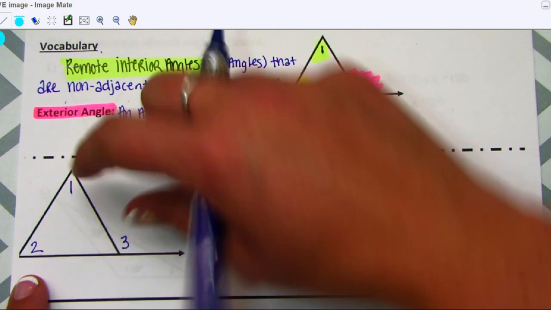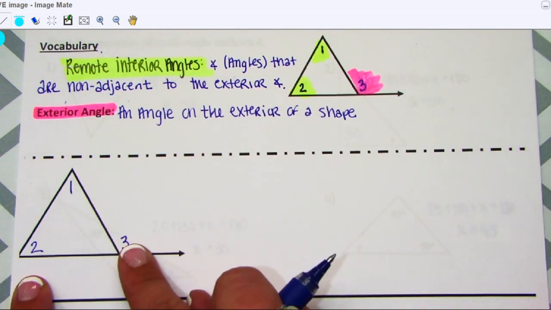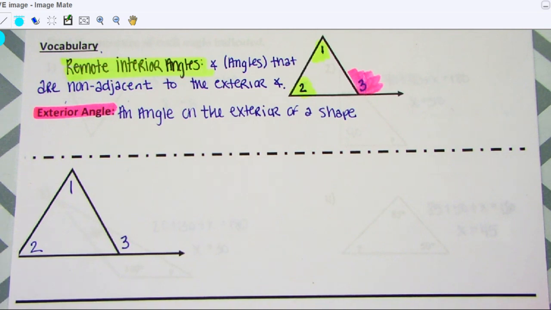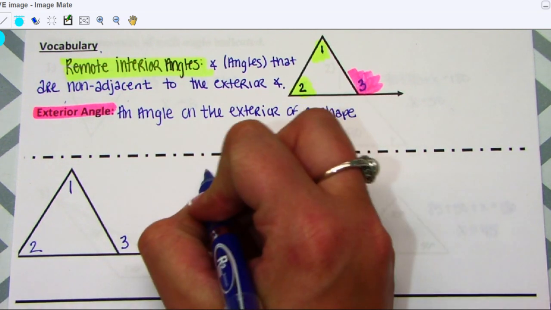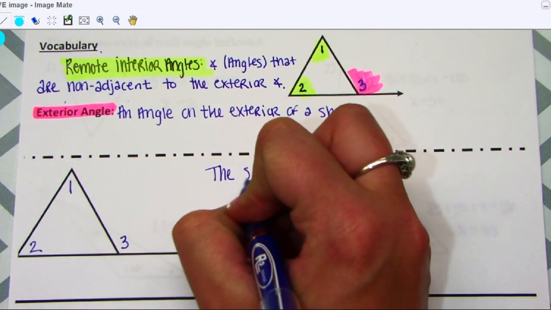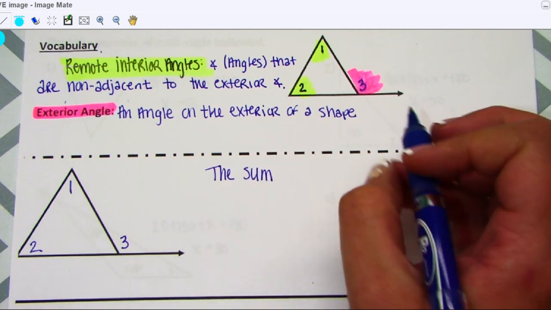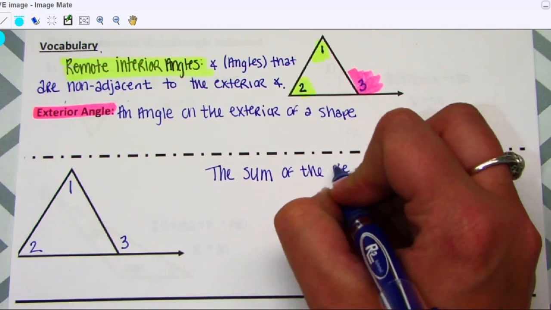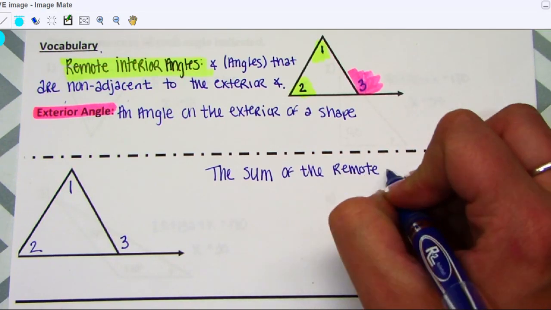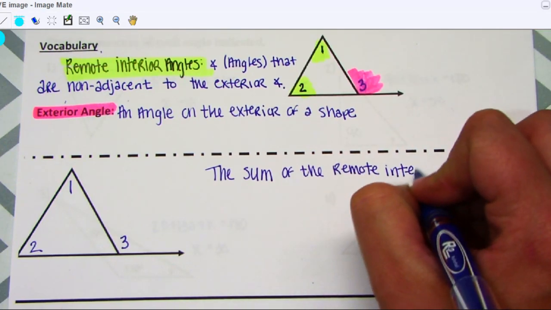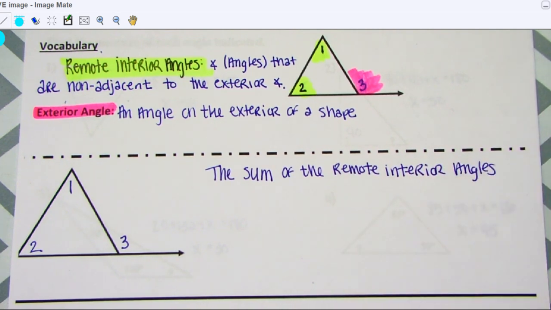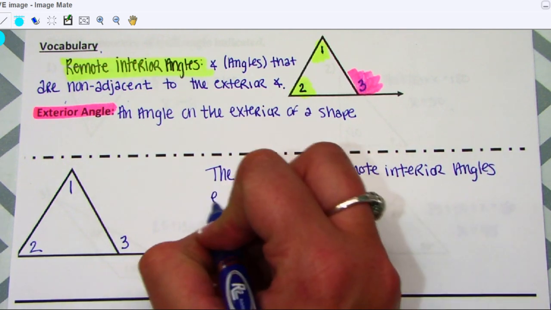If we ripped them off and kind of pieced them on top of each other, it would cover angle 3. So we're going to write our formula, and the formula says the sum. So sum means add. The sum of the remote interior angles equals the exterior angle.